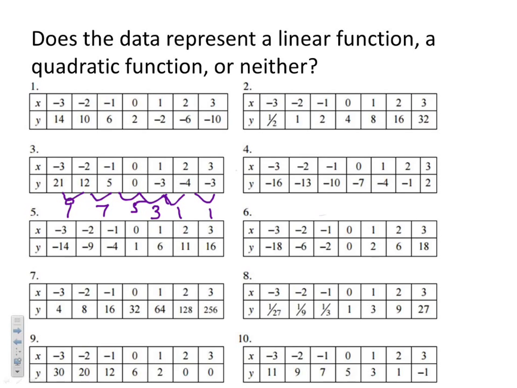Okay, let's look at the second difference. I get 2, 2, 2, 2. And we're going to ignore the last one because we would call that an outlier. So based on the data that we have, this function that represents these values could be, and most likely is, a quadratic.